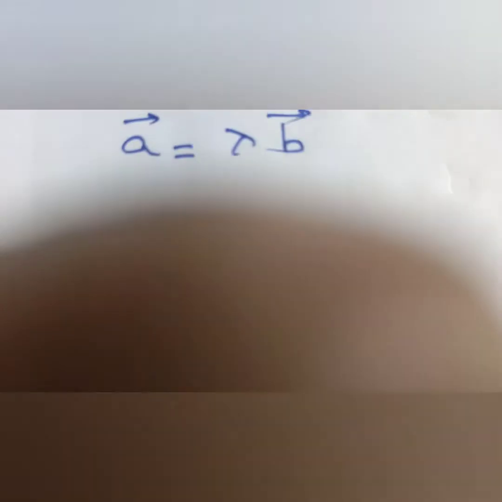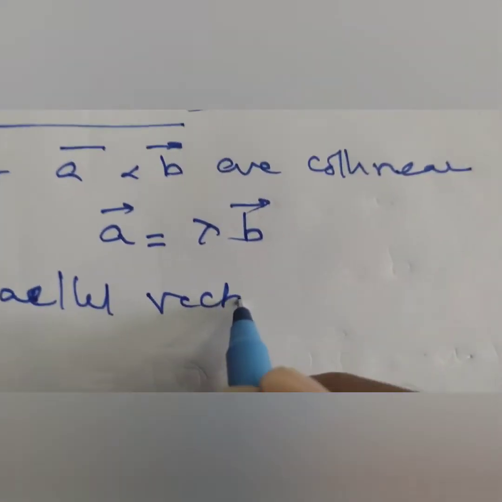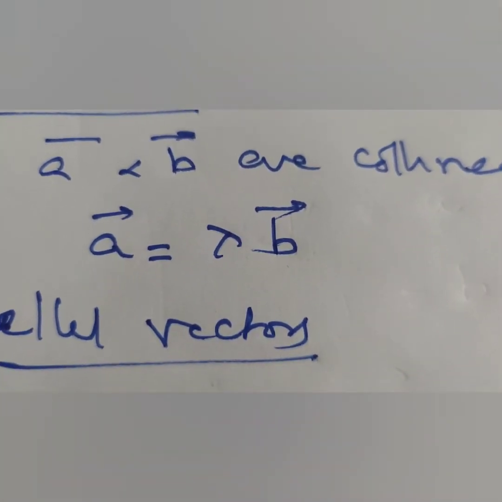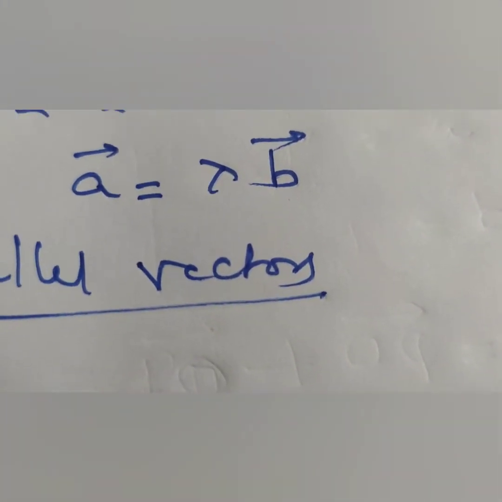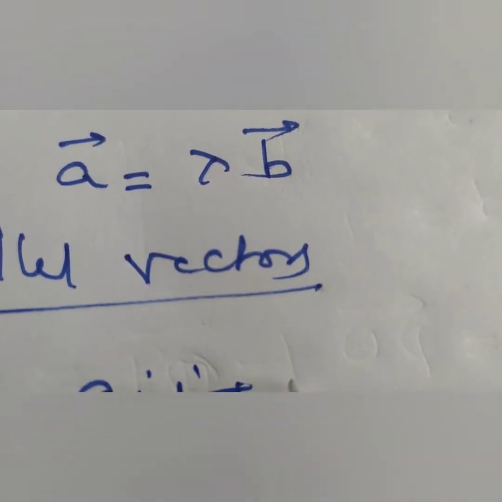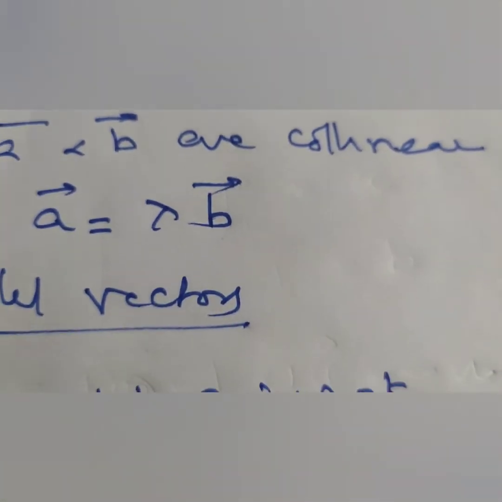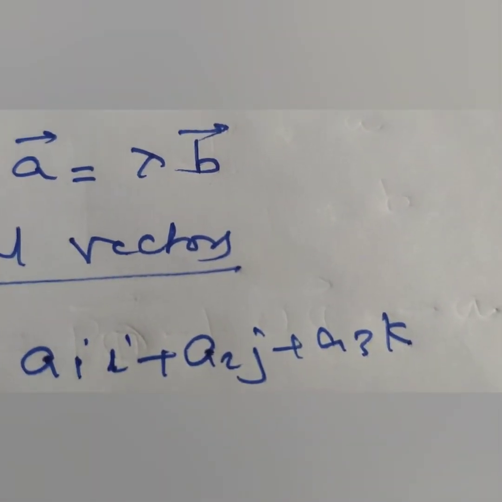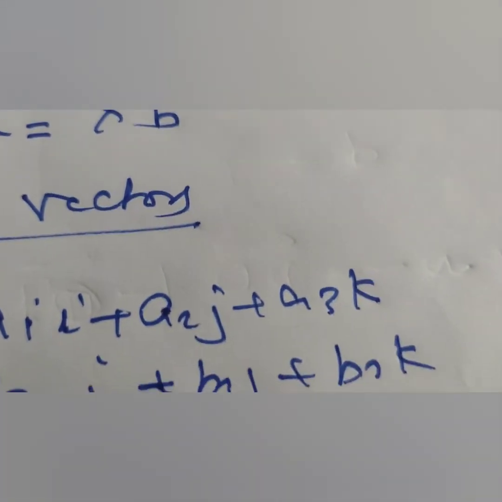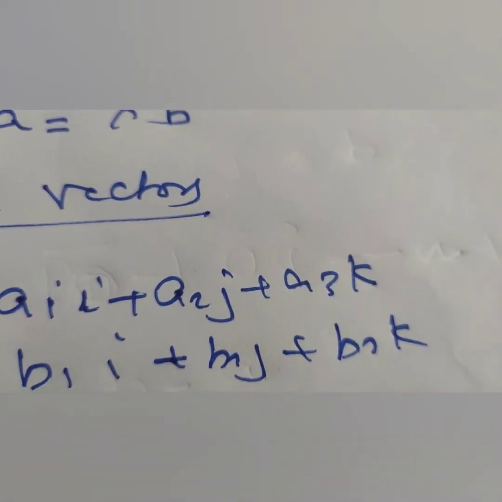Now we see parallel vectors. The condition for parallel vectors is, let us take a vector A equal to A1i plus A2j plus A3k, and B equal to B1i plus B2j plus B3k, C equal to C1i plus C2j plus C3k.